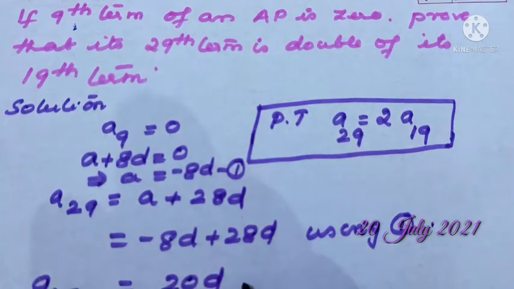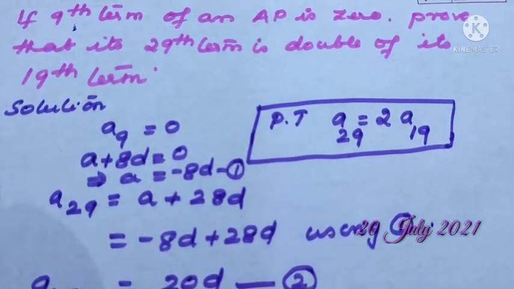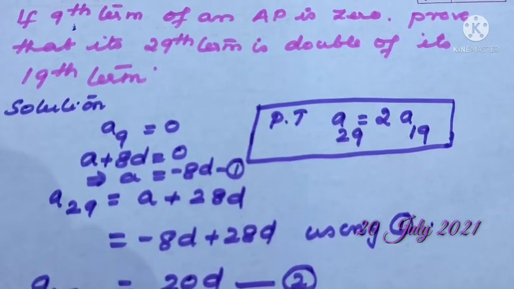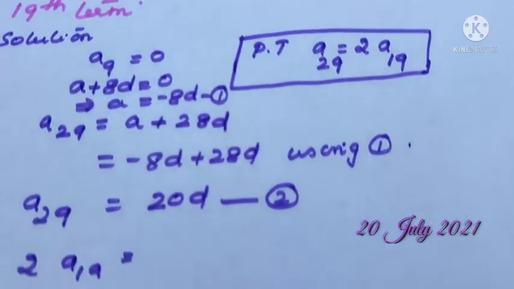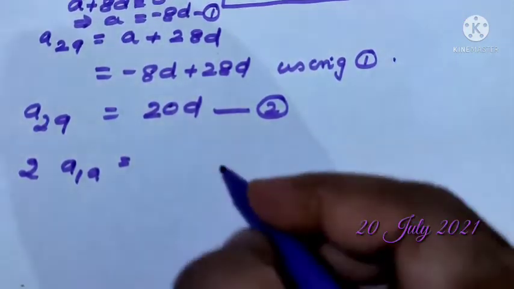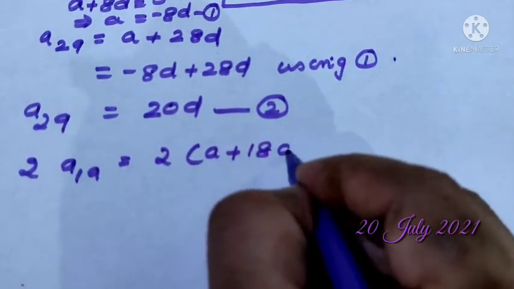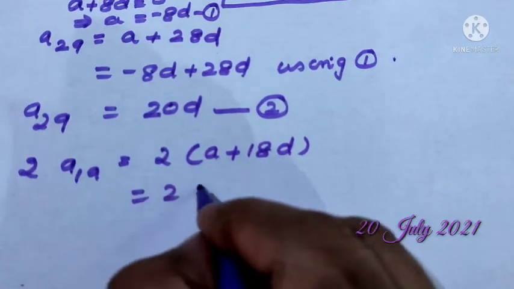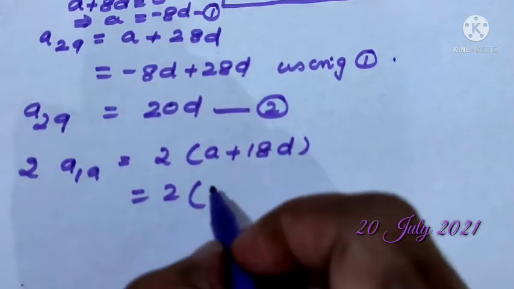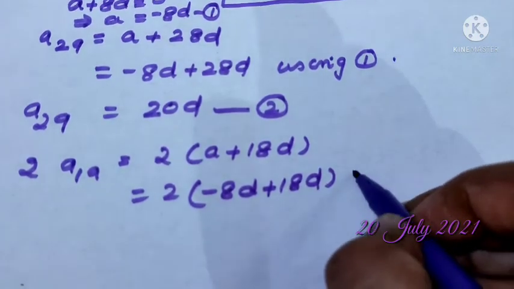Now let us check what is 2 times A19. So 2 times A19 means 2 into A plus 18D, right? What is A? A equal to minus 8D, so 2 into minus 8D plus 18D using 1.